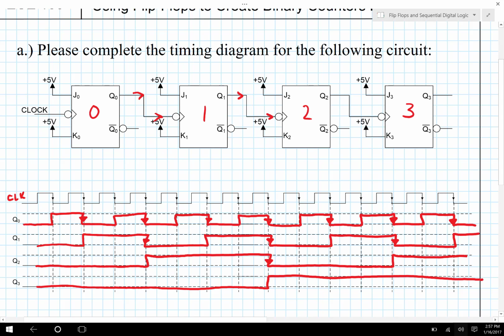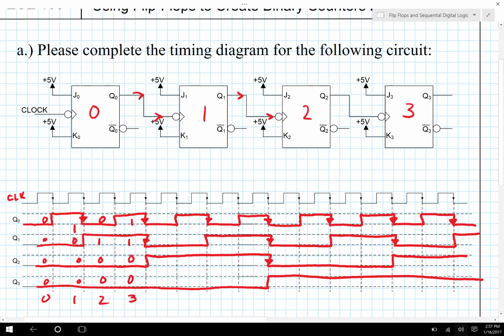So if we were to look at the values of the Qs, we would find that this is 0, 0, 0, 0. Then we would have 0, 0, 0, 1. And then we would have 0, 0, 1, 0, 0, 0, 1, 1, or 0, 1, 2, 3.